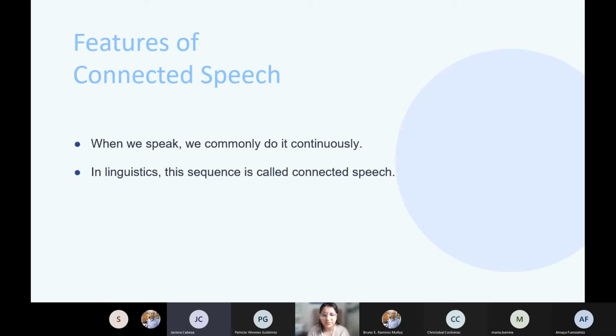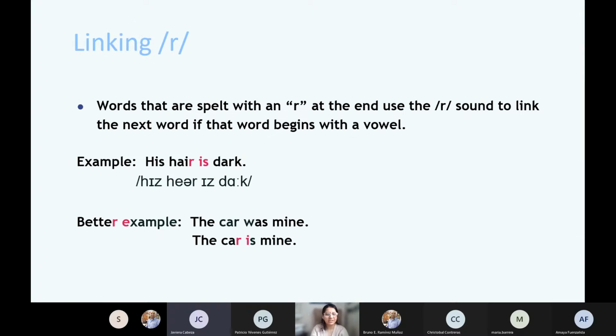So I don't know if you remember this, but last session we were talking about linking and intrusive R, and we are going to have a recap today. Linking R is when we spell words with an R at the end, but because the following word begins with a vowel sound, and because of the non-rhotic accent, the final R is usually dropped.